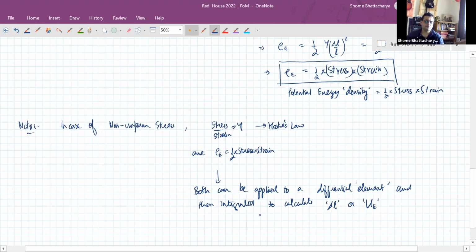So we'll see an example of this next because this is very important from the JEE Advanced point of view.